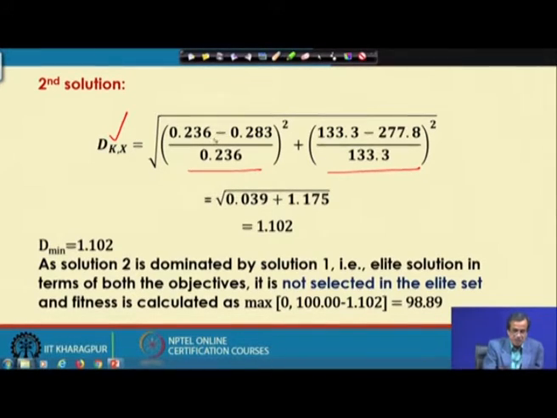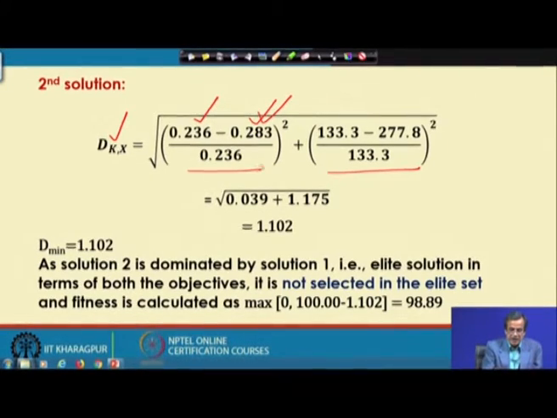Now, 0.236 is the value of f1 corresponding to the non-dominated solution, and 0.283 is the value of f1 corresponding to the second solution.